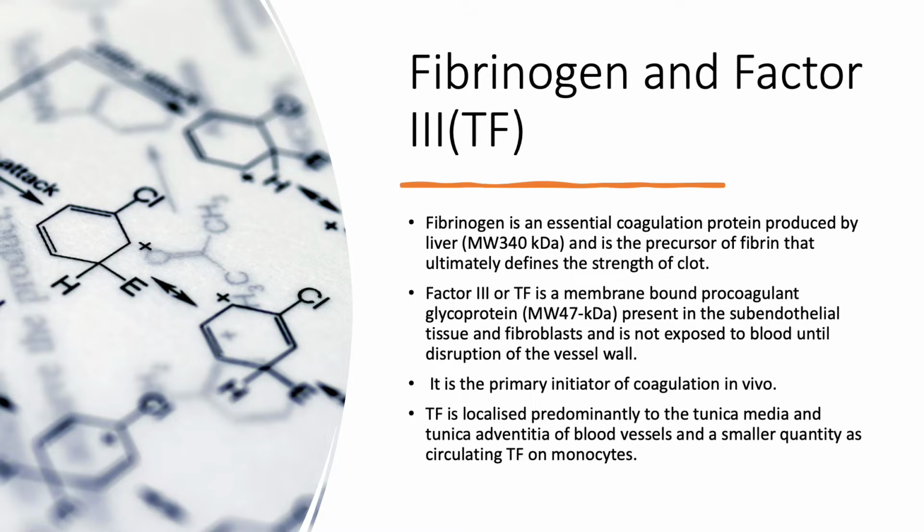Factor 3 or the tissue factor is a membrane-bound procoagulant glycoprotein with a molecular weight of 47 kilodaltons present in the subendothelial tissue and fibroblasts and is not exposed to blood until disruption of the vessel wall occurs. It is the primary initiator of coagulation in vivo. Tissue factor is localized predominantly to the tunica media and tunica adventitia of the blood vessels, and a smaller quantity is circulating on the monocytes.